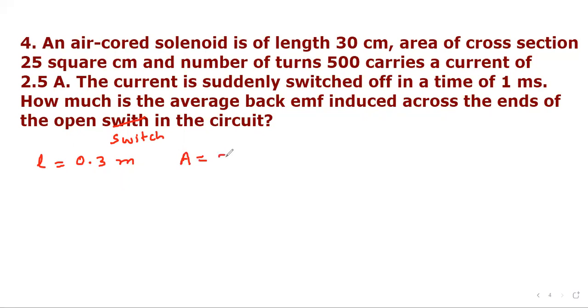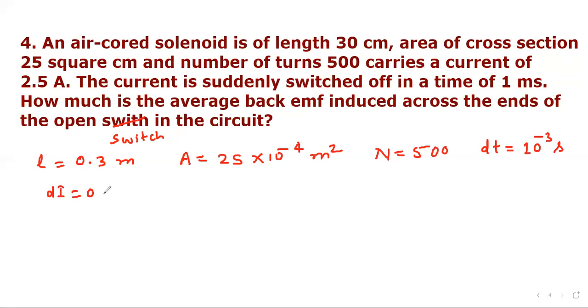Area is given as 25 centimeter square, that is 10 to the power minus 4 meter square. Number of turns is 500 and time, let's write it as dt, is 1 millisecond means 10 power minus 3 second. And the change in current is di. So final current is 0, initial current is 2.5, that is minus 2.5 ampere.